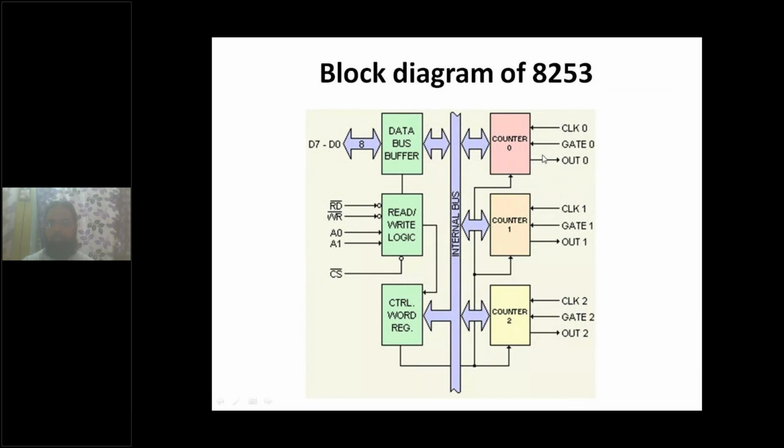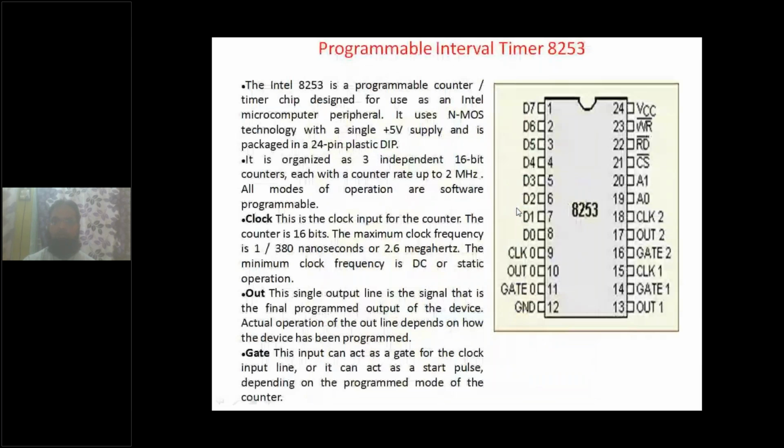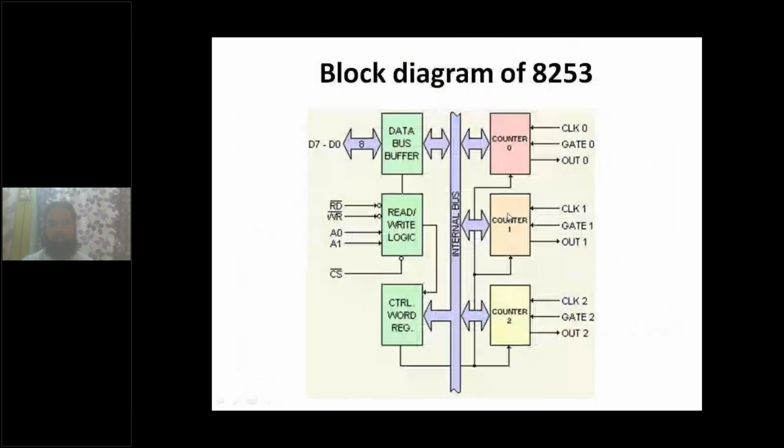At that time the output signal will become 1. Once this output signal is 1, it means that a delay of 65.536 milliseconds has been provided, according to the clock pulse. In this way, the 8253 or 8254 can be used to provide the time delay.